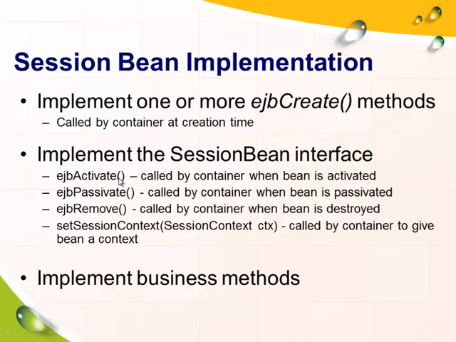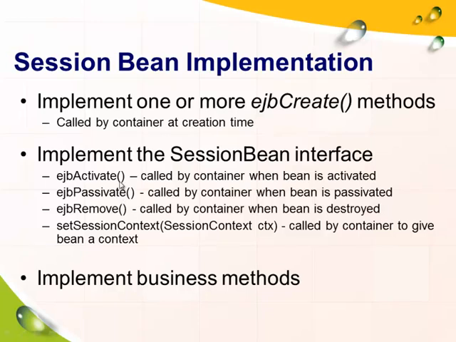So before your bean is sent to passivation, it calls ejbPassivate. But once your bean is brought back to the memory, before anybody else makes any call, it calls this step, that is activate. Here you are supposed to get back the previous state, that is re-establish the connection with the database. Maybe if you have closed any files, open those files and maintain all the details here.